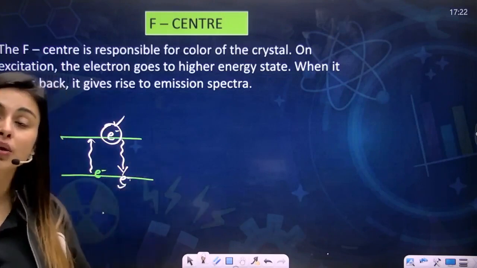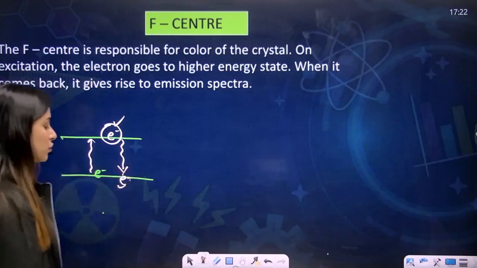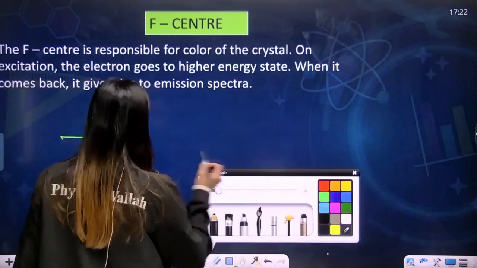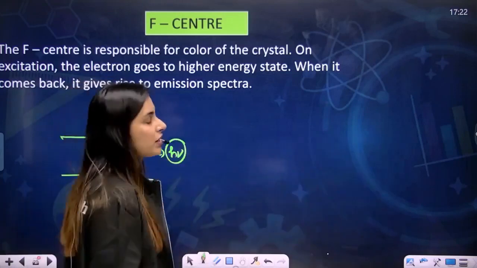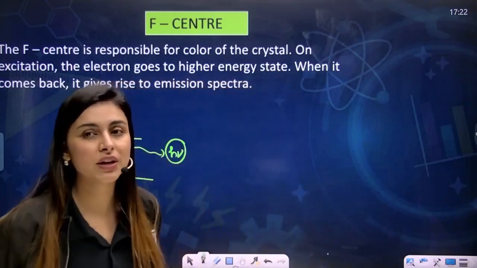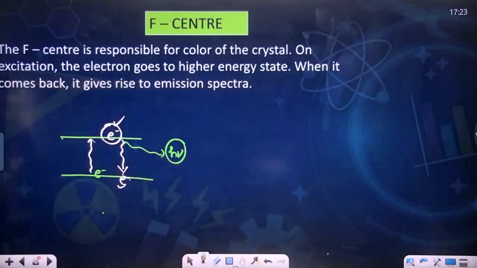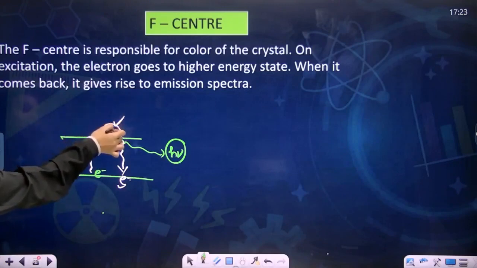So in order to come here, it needs to emit the extra energy, and it emits the extra energy in the form of light, and this light gives the color to the solid. Yes, so the F center is responsible for the color of the crystal. On excitation, the electron goes to the higher energy state.